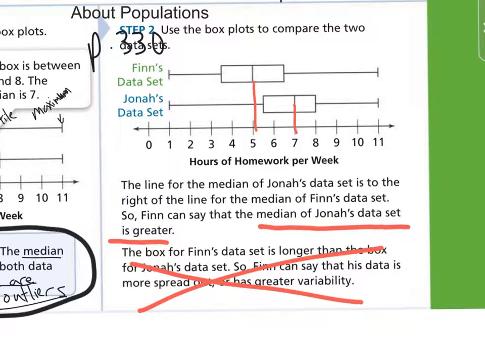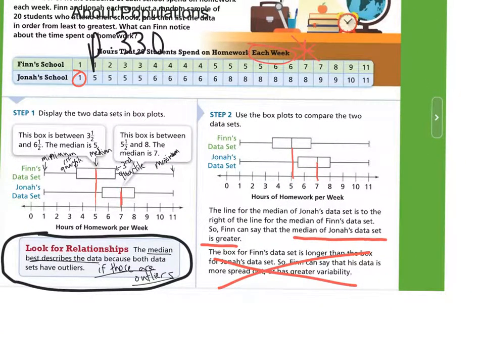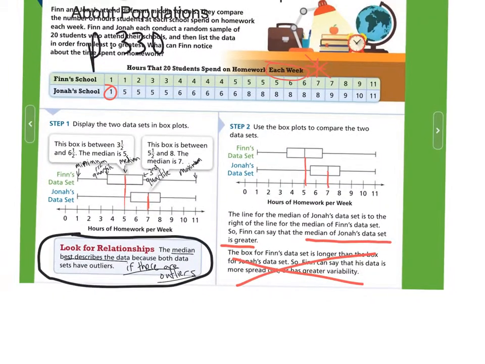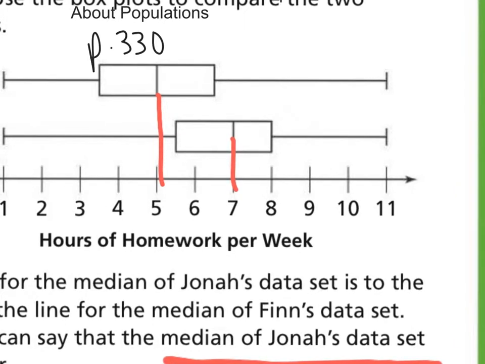So a little bit more time spent on average, we might say, in Jonah's school than Finn's school. Again, that person who only did 1 hour of homework kind of hurt Jonah's school a little bit. Otherwise, if there wasn't the person that had 1 hour, the numbers would all be a little different, but the box plot wouldn't even start until 5.